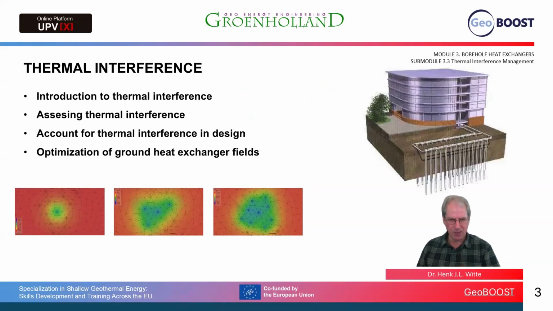In the graphics below, you can see three calculations of borehole heat exchangers with exactly the same energy extraction profile. And you can see that as we have more heat exchangers in the same area, the temperature in the center will be lower than when we only have one heat exchanger.